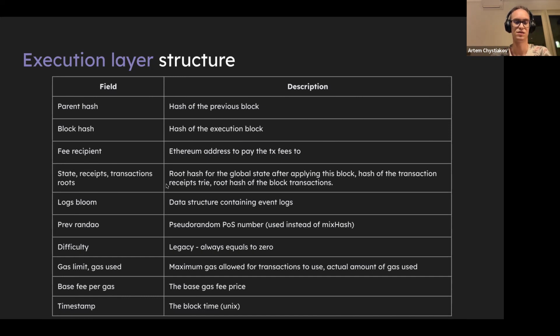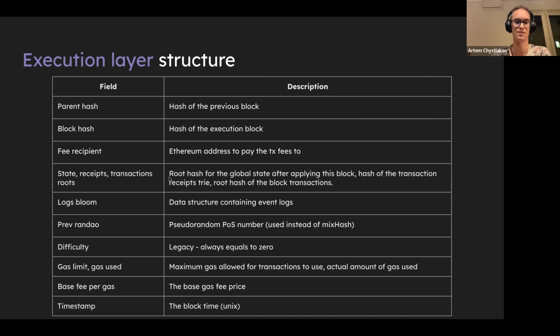So what it means is that there are special data structures, the Merkle-Patricia trees, that Ethereum maintains in its database, and those special data structures maintain the state of Ethereum.